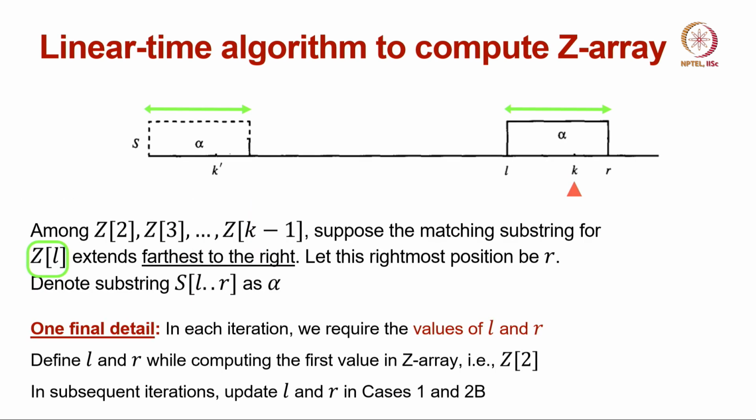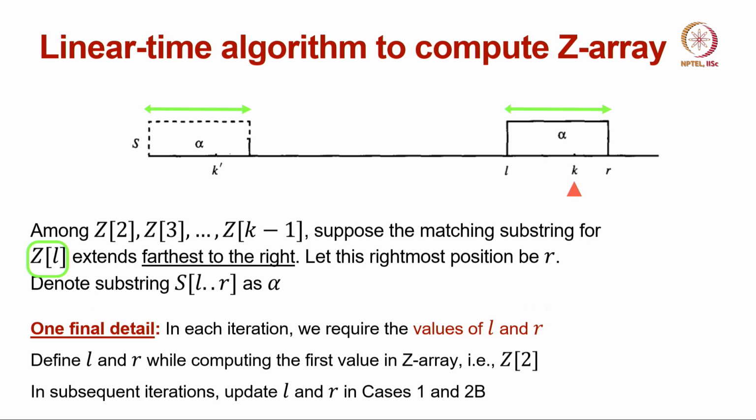So this completes the algorithm except for one final detail. We said in the beginning that when computing Zk, we use these values of L and R, where ZL corresponds to the rightmost extending substring that matches the prefix of S. So how do we know the values of L and R?